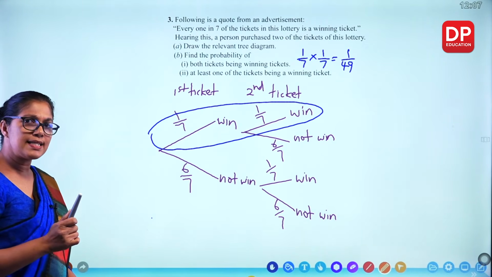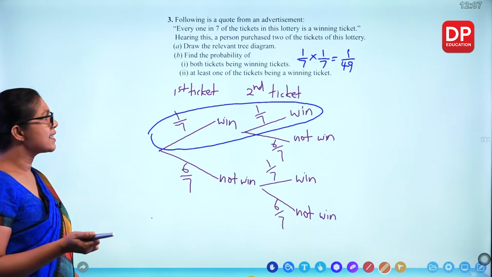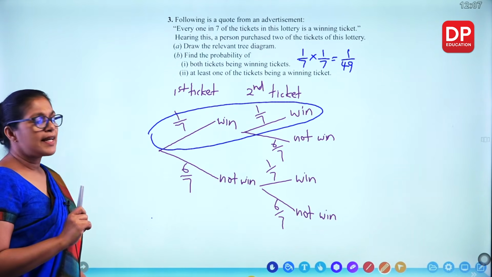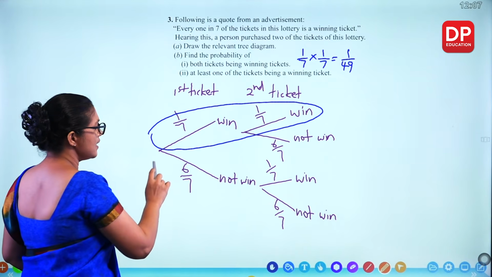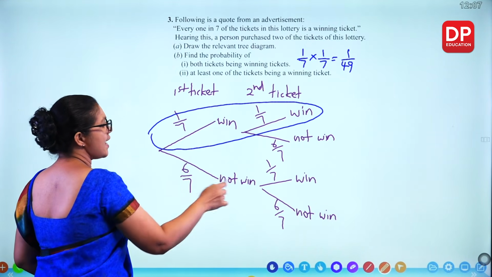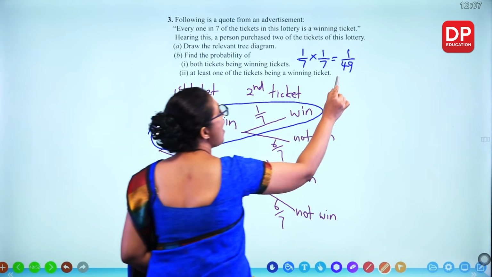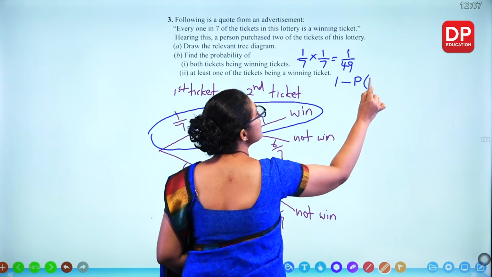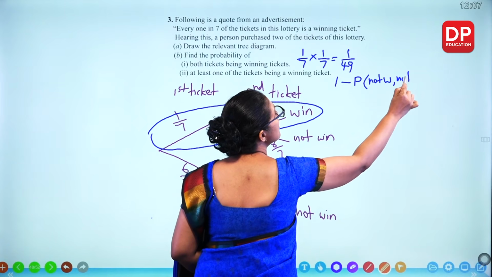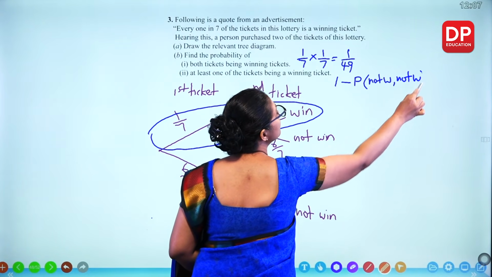Second part, at least one of the tickets being a winning ticket. At least means either one or both tickets are winning tickets. Easily we can find out using not winning chances. So here I can write 1 minus probability of not winning both times.